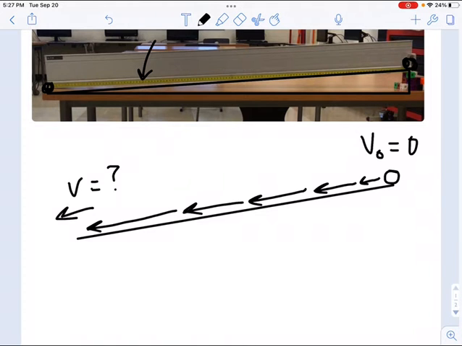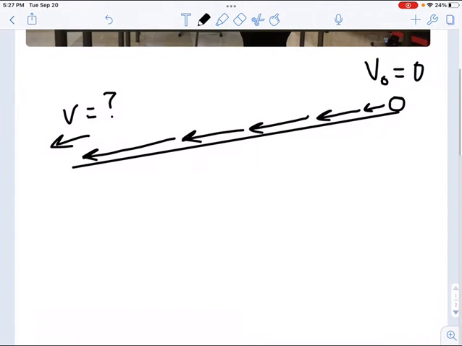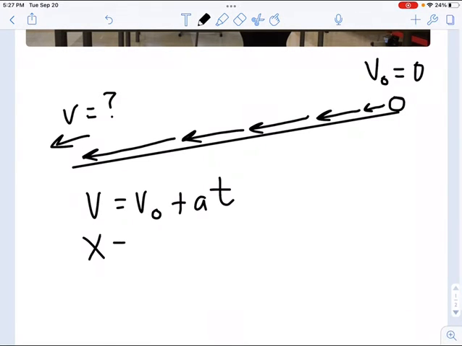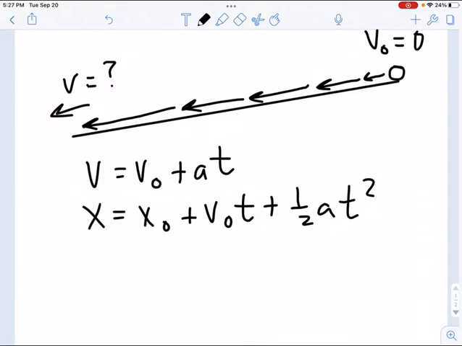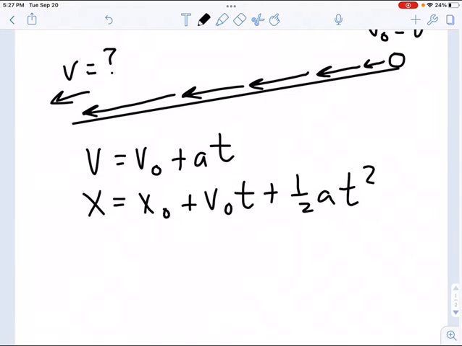Now let's take a look at our kinematics equations. We've got v equals v naught plus at. We have x equals x naught plus v naught t plus 1/2 at squared. And we have v average equals 1/2 (v initial plus v final).